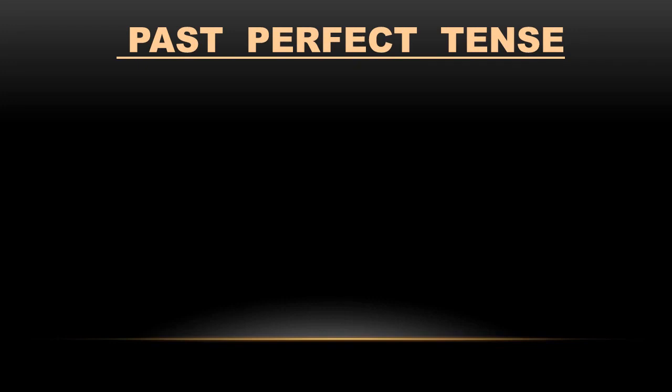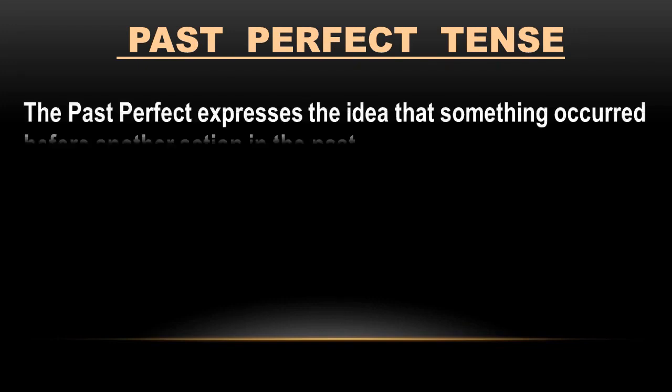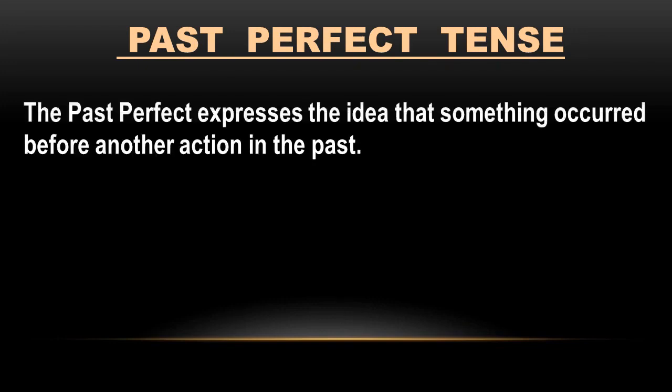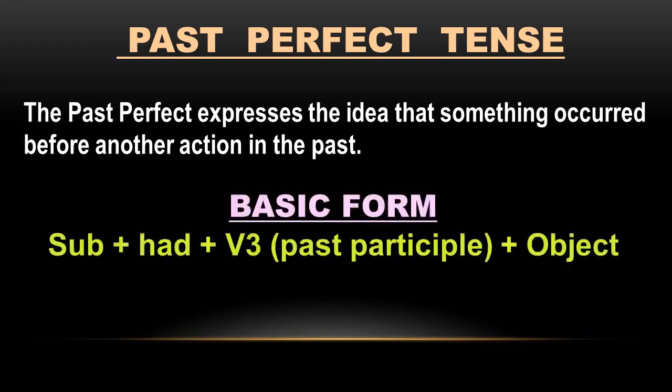Now, we have past perfect tense. The past perfect expresses the idea that something occurred before another action in the past. That means that something happened before another action in the past. Its basic form is subject plus had plus third form of the verb, that is past participle form, plus object.